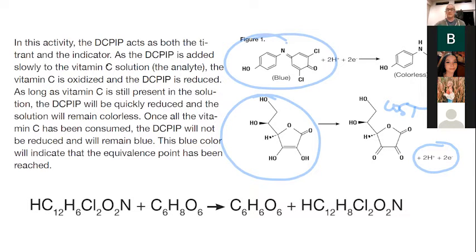So this is the oxidation part of the reaction. In every oxidation reduction reaction, someone has to get oxidized and someone's going to get reduced. So this is the oxidation part of the reaction where electrons are lost. This is the reduction part where electrons are gained.